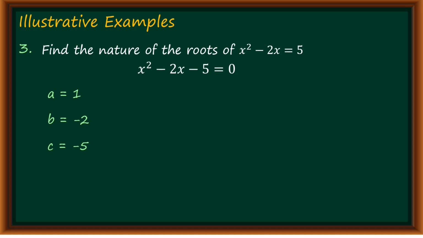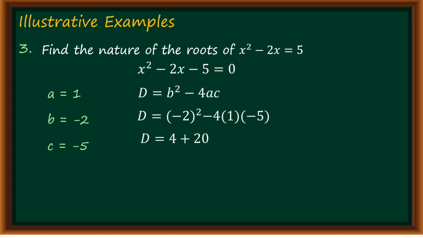Then let us substitute these values to the discriminant b squared minus 4ac, and that is equal to the quantity negative 2 squared minus 4 times 1 times negative 5. Quantity negative 2 squared is equal to 4. And then negative 4 times 1 times negative 5, that is positive 20.